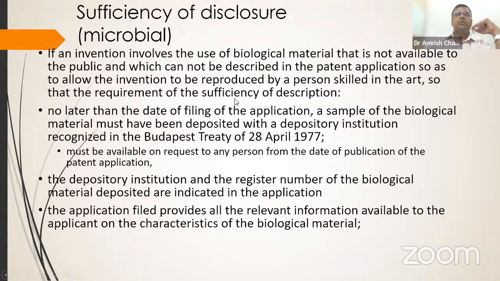This does not hold true if you are using a microbe for evaluating antibacterial activity, suppose. Then you don't need to do it. But if you isolated an organism from the soil and then you cultured it and you derived some product out of it, then in such a case you will have to deposit this microorganism.